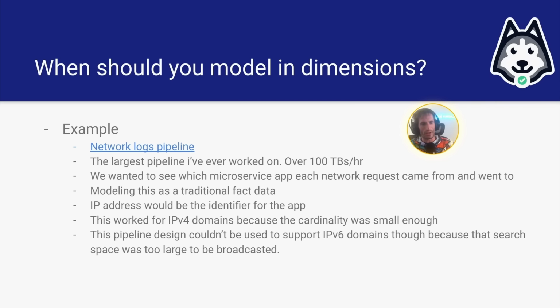What we wanted to do with this data set was see how the microservices were talking to each other. I don't know if you know, but Netflix is very famous for pioneering the microservice architecture. The microservice architecture is really great for making your development faster and making your responsibilities split out.